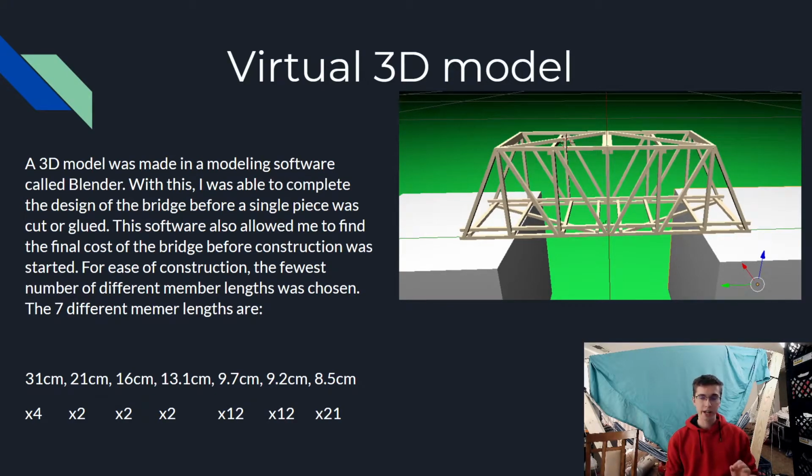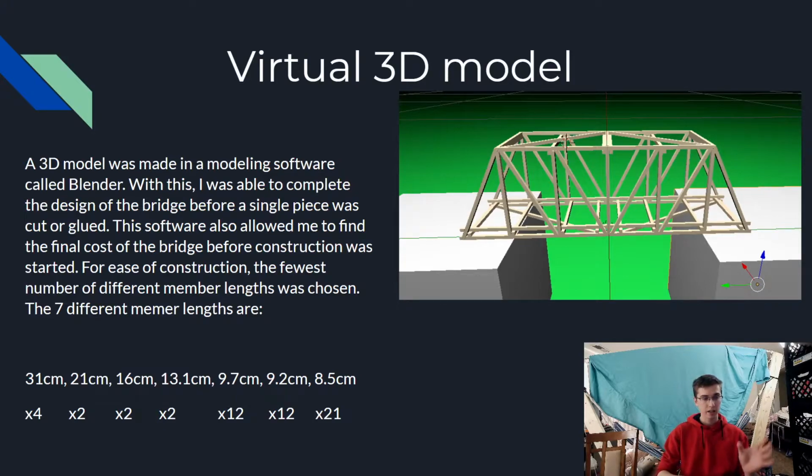Now, one key feature of this design that I chose is I wanted to use the minimum number of different cuts. So as you can see here, there are only 7 different lengths. There's 31 centimeters long, 21, 16, 13, 9.7, 9.2, and 8.5 centimeters. Now, by doing this, I don't have to cut a million different pieces.